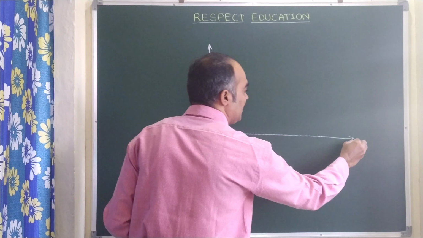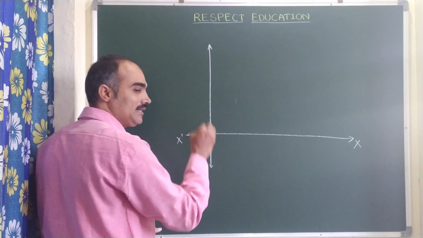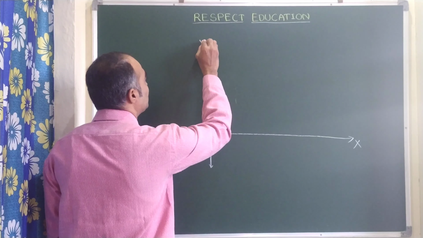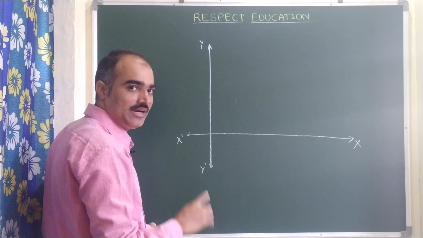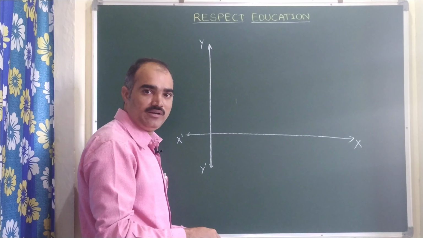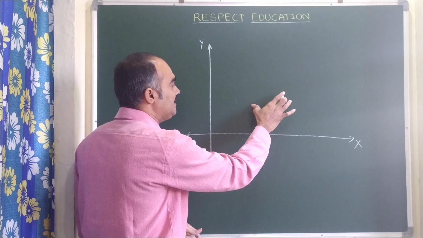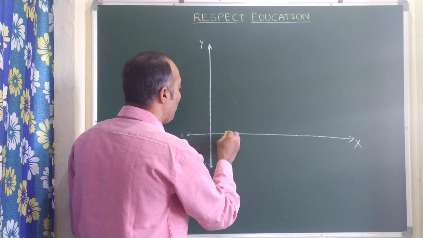For example, here it is positive x-axis, this is negative x-axis, which I am taking as x dash. Positive y-axis, this is negative y-axis, which I am taking as y dash. This is a graph paper in which you see the xy plane. Here we can mark different points.